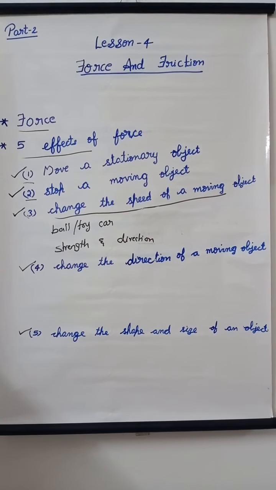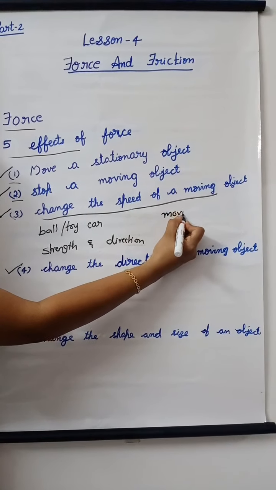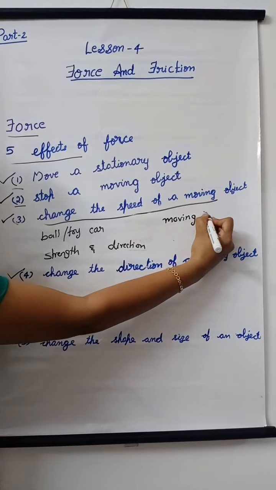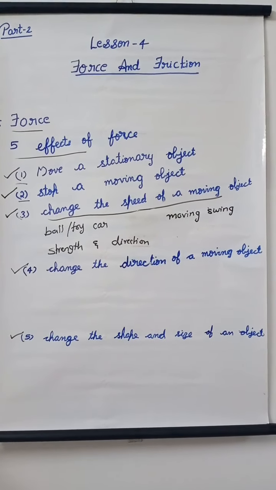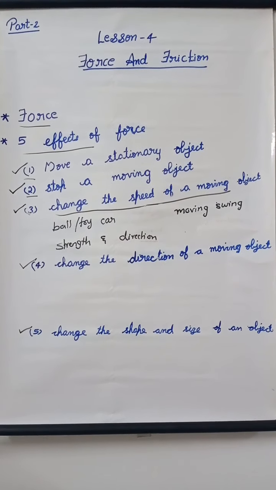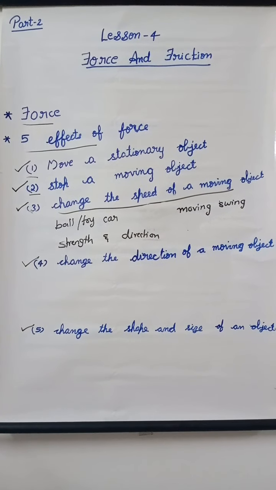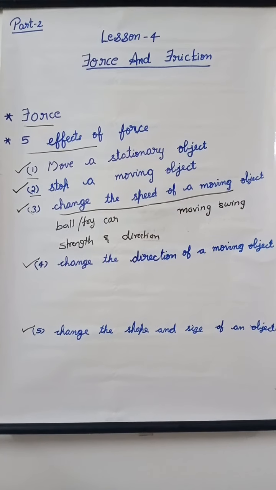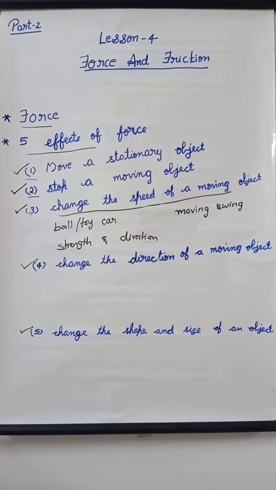Another example is a moving swing. You all have experience playing on a moving swing, right? If we have to push a moving swing harder in the direction of its motion to increase its speed, but if we want to stop it or slow it down, we will have to push or pull in the direction opposite to its motion. That's all about the third point.